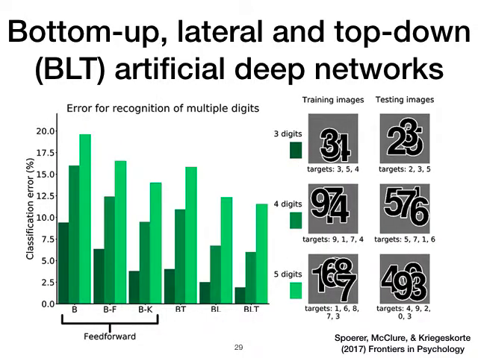Similarly, when we need to recognize multiple digits, so that's what we see here, we've got sets where there's several targets in the same image with the digits overlapping with each other here, and it can be more and more digits. Again, this is something humans do perfectly well. We can identify what these are very easily. Right? But a bottom-up network actually is generally pretty bad at this, even with only 3 digits, and really pretty bad with 5 digits.